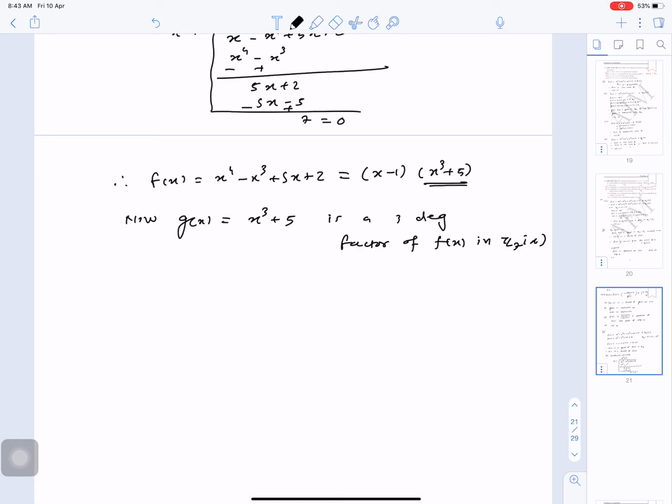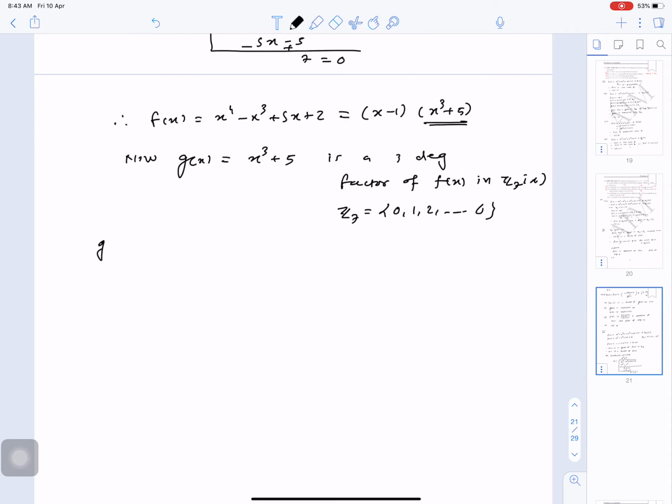It is a polynomial of degree 3, and to check whether it is reducible or irreducible, it is enough to check whether it has a 0 in Z7 or not. So Z7 is 0, 1, 2 up to 6. So g(0) will be 5, not equal to 0. g(1) will be 1 plus 5, that is 6, not 0. g(2) will be 8 plus 5, 8 means 1, and 5 is 5, so it is 6, again not equal to 0.